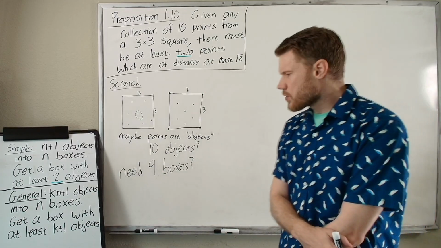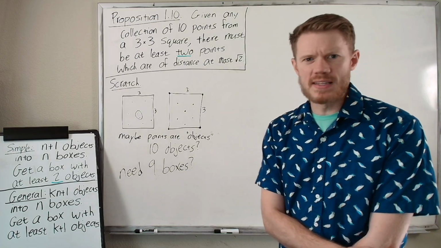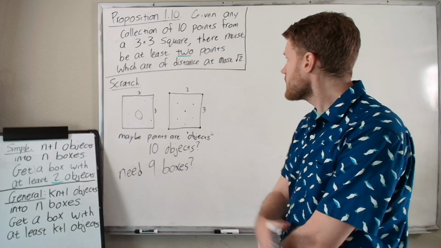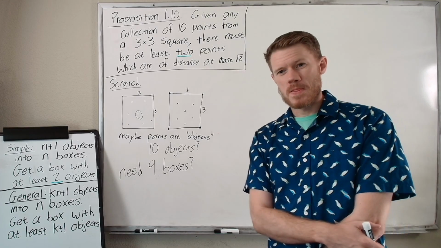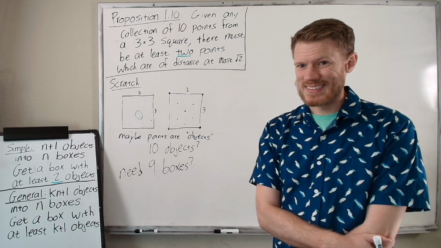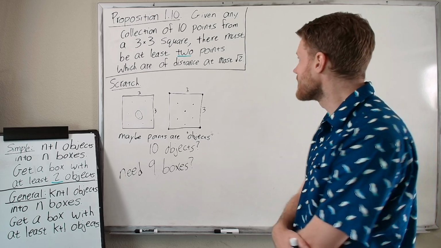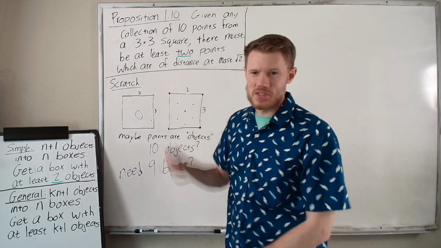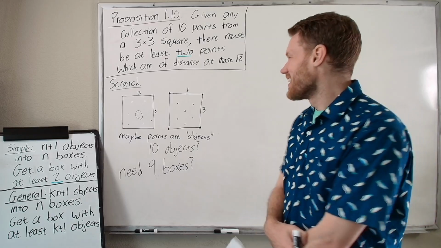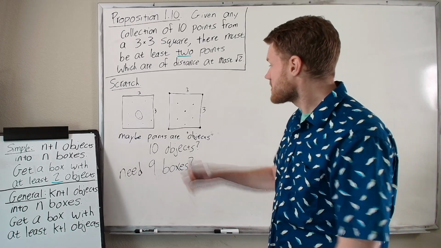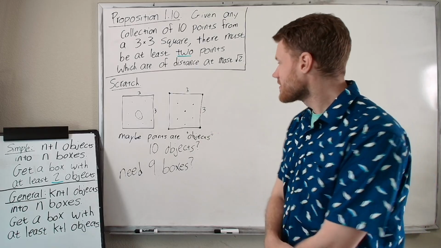So if this is what you're thinking, where is 9 appearing in this problem? Do you see a 9 anywhere? It's not there directly, but I wrote a 3 by 3 square. 3 times 3 is 9, which means this has area 9.